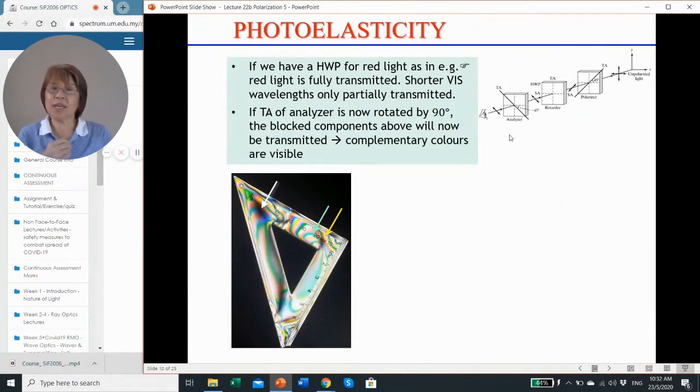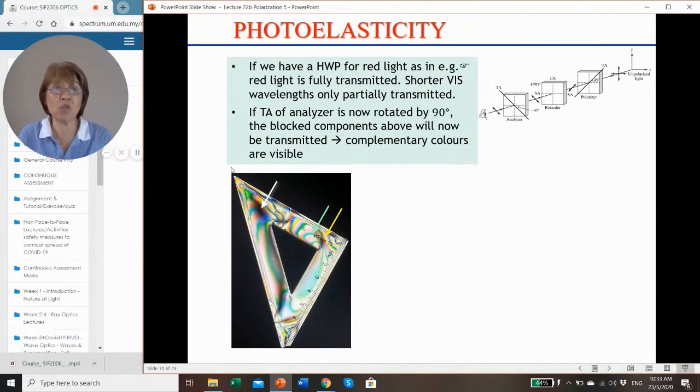Now, just now in the example where we had a half-wave plate, if this half-wave plate is for red light, then red light would be fully transmitted, and the shorter wavelengths would only be partially transmitted.